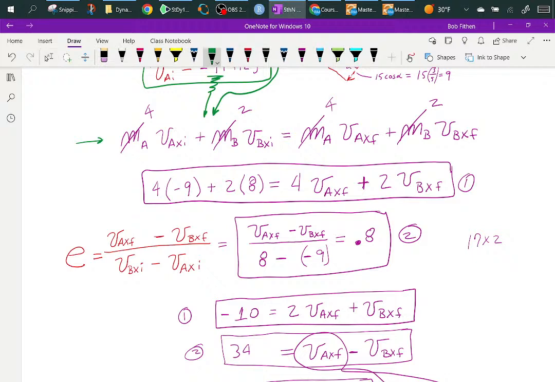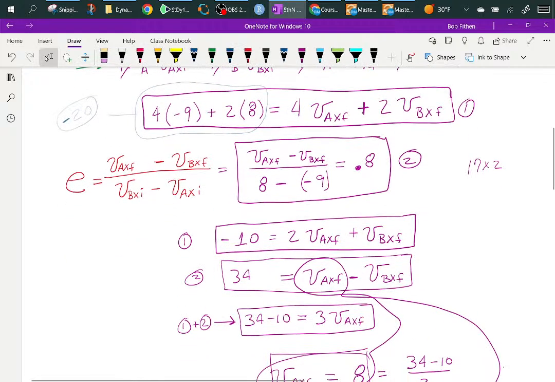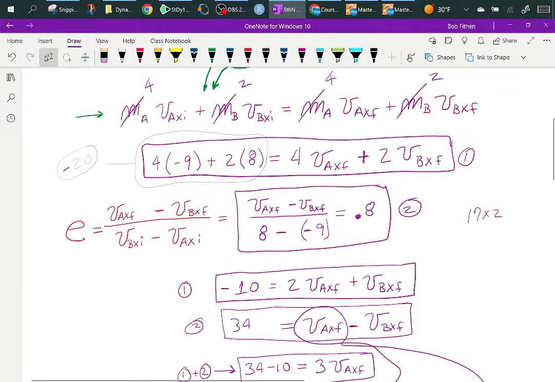So this is going to be minus 20. Okay. That's what I get there.